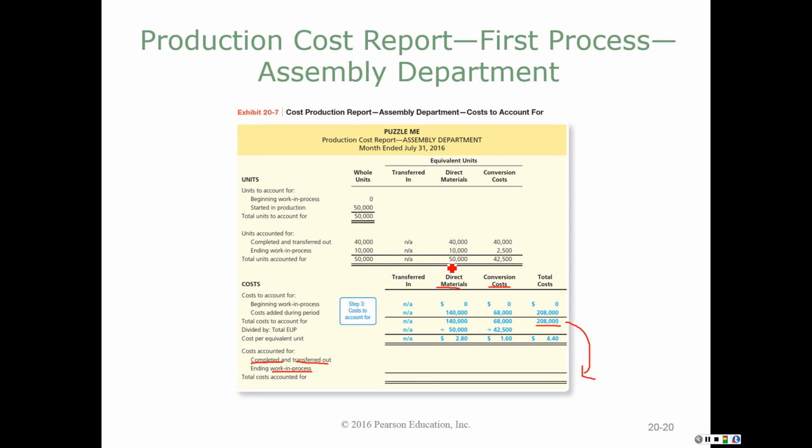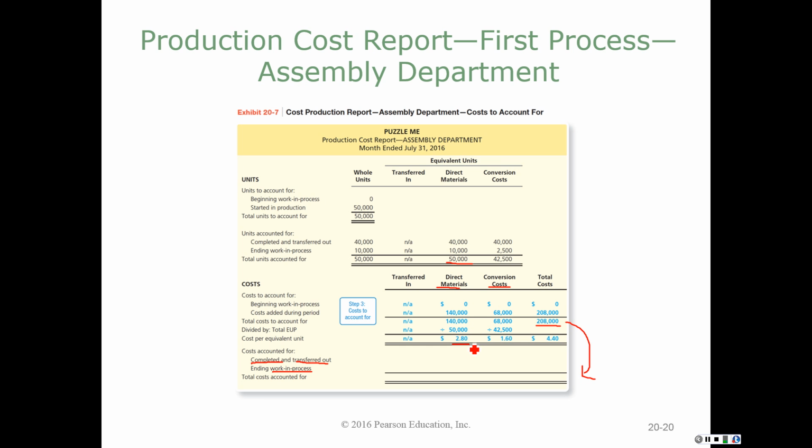So we have the equivalent of 50,000 completed goods. So if I take the total materials cost of $140,000 and divide it by the equivalent of 50,000 finished units, then my cost per unit for materials is $2.80 per equivalent unit produced.